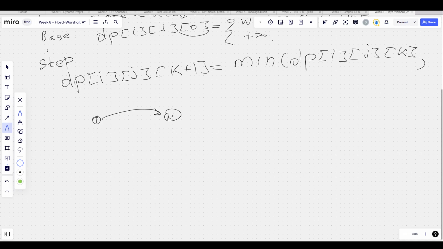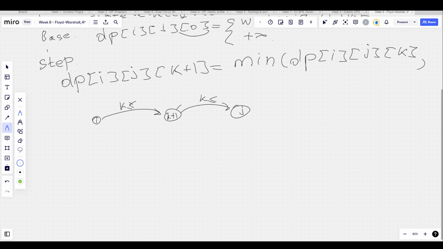It means we need to include vertices with number less than k on both sides. Why don't we use k plus 1 twice? Because there are no negative cycles.